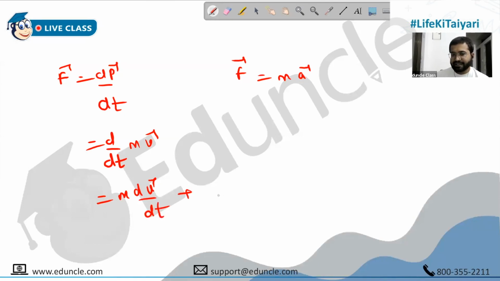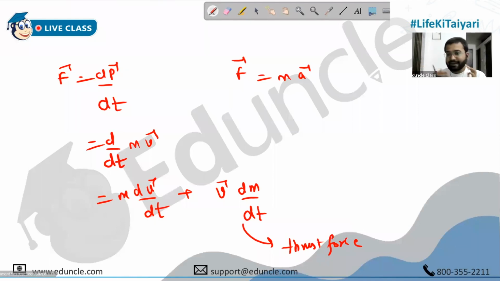Otherwise there is another term, v vector dm by dt, and this additional thing is known as thrust force. So this is the only important theory in the chapter. Otherwise, it's mostly about problem solving. We draw a free body diagram and solve. And yes, in friction we have other theory, but this is the only important theory.